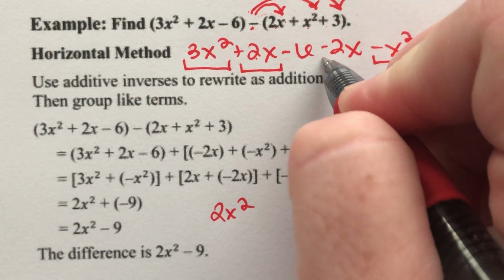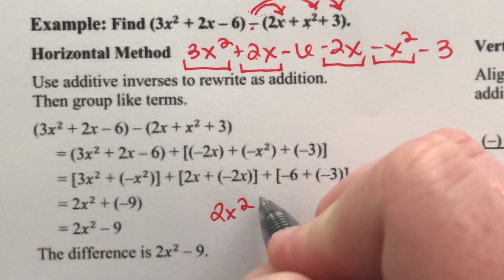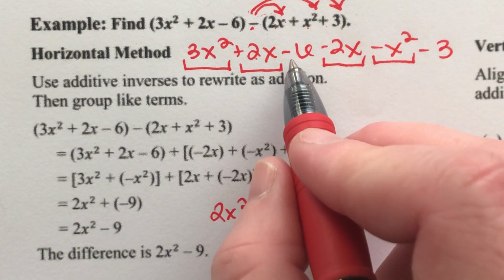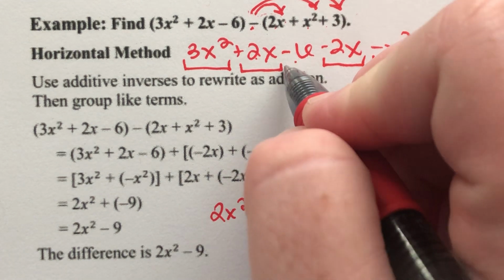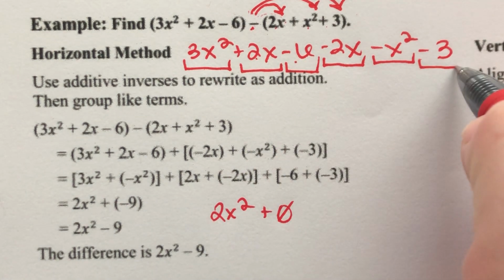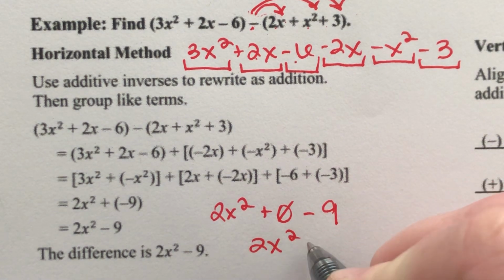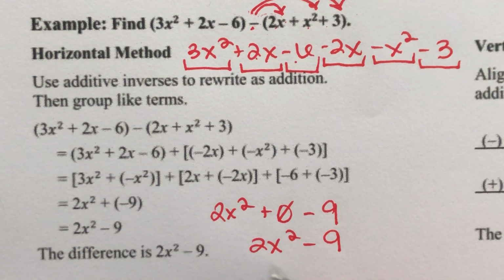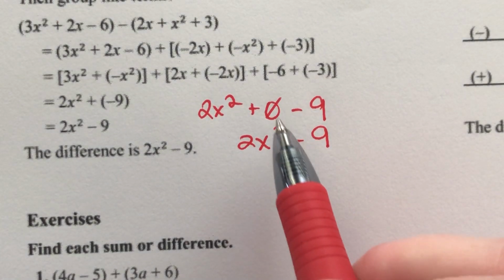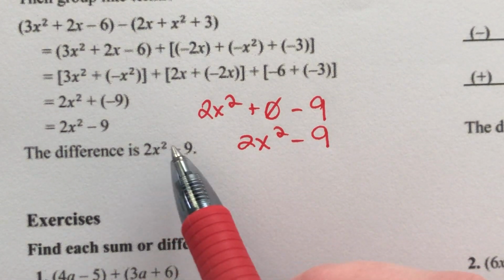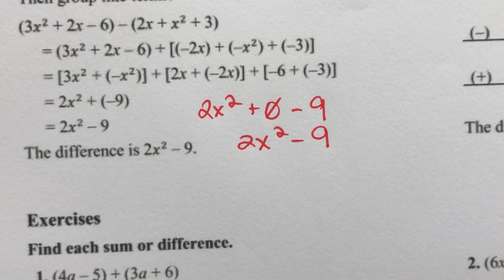So positive 2x minus 2x is just 0, and you don't have to write that, I'm just showing you. And then lastly, I've got a negative 6 and a negative 3. So negative 6 minus 3 is negative 9. So when I simplify that whole thing, I get 2x squared minus 9, and I have to make sure that it's in standard form, biggest term first, and then anything else smaller behind it. 2x squared minus 9, done.